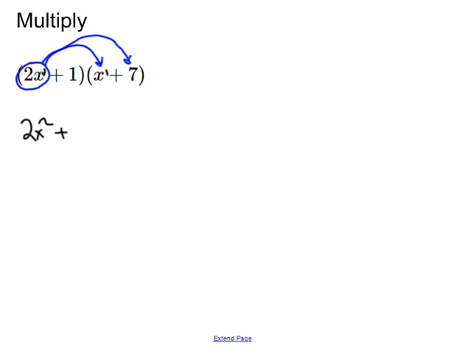So I write plus 14x. Now I'm going to distribute the plus 1. So plus 1 times x is plus 1x. And plus 1 times 7 is positive 7.